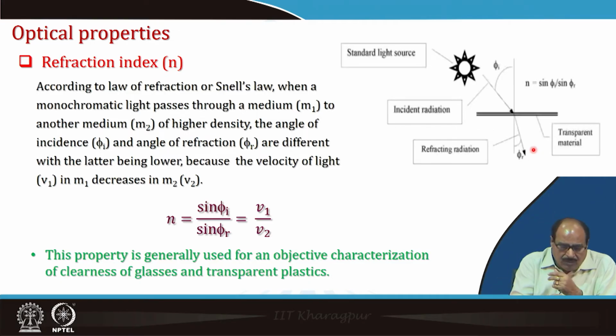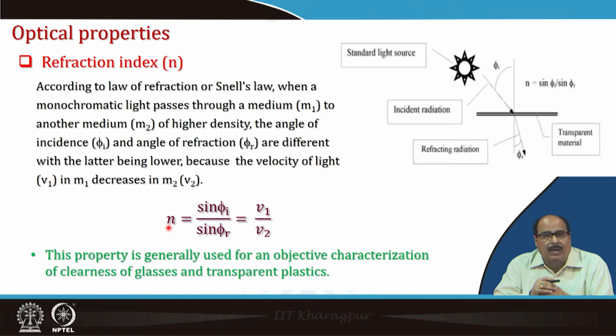So, n, the refractive index, is equal to sin phi i by sin phi r, or v1 by v2, where phi i is the angle of incidence and phi r is the angle of refraction. This property is generally used for an objective characterization of the clearness of glass and transparent plastics.